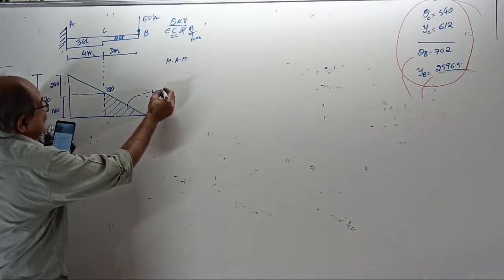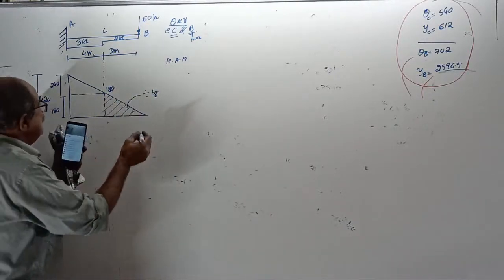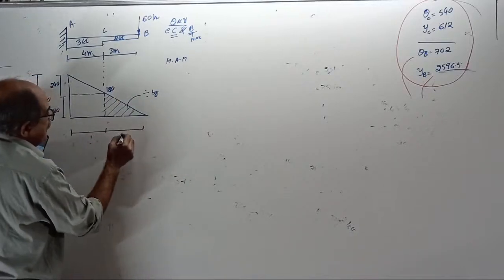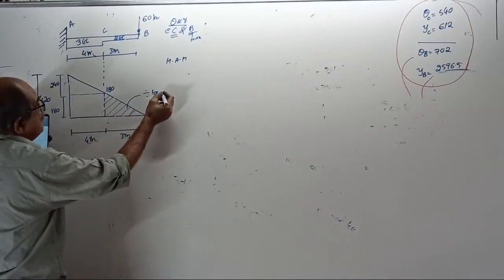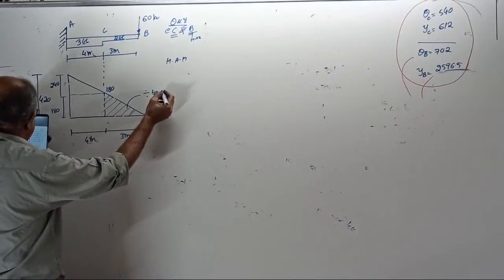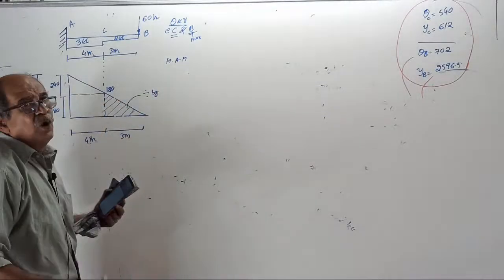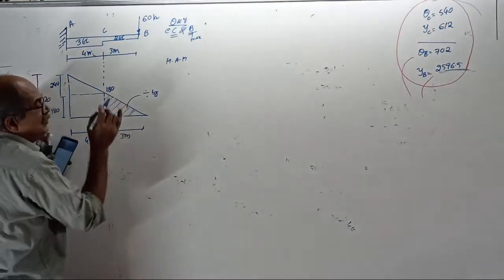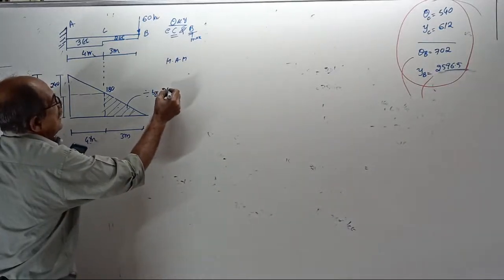This is 4 meter, this is 3 meter. If I use this diagram, I have to divide by how much? Suppose the area, half into 3 into 180. No, divide by EI is there. If you use this diagram, you have to divide by how much? 2 EI. Remember, 2 EI.